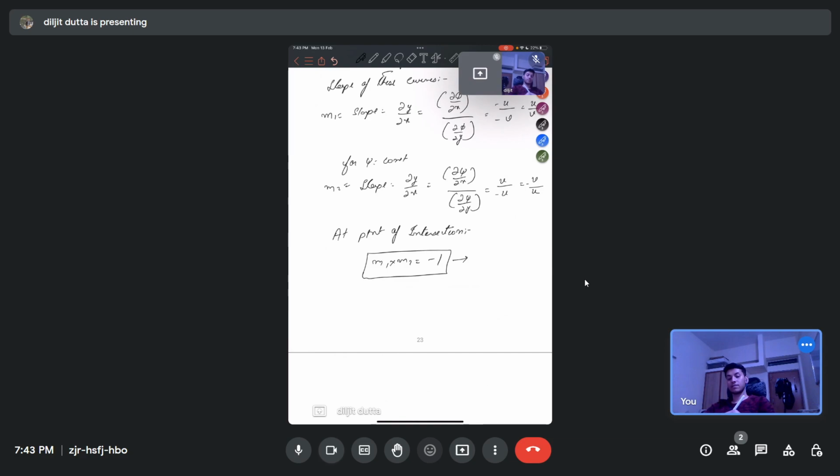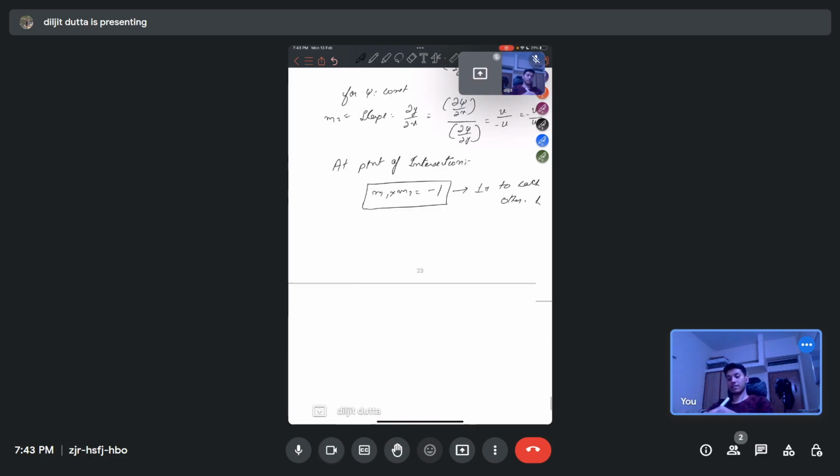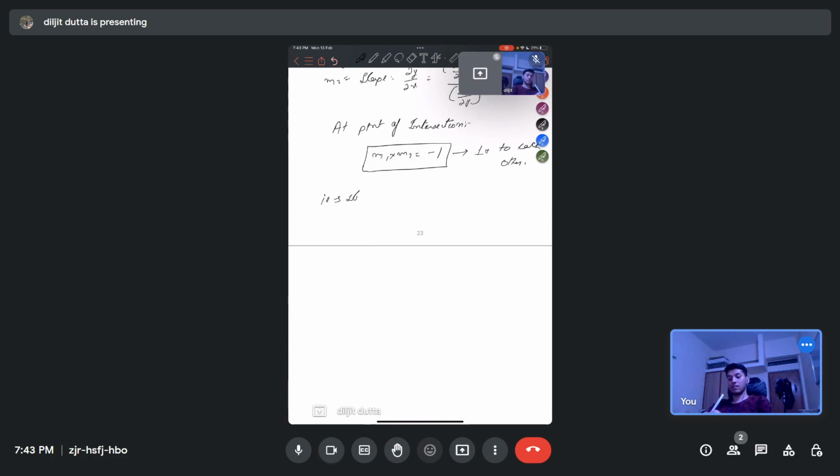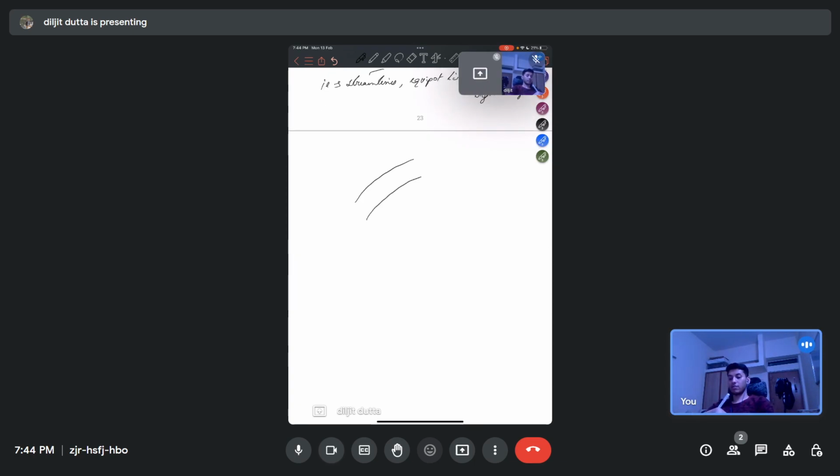This implies they are perpendicular to each other, and this forms a flow net.